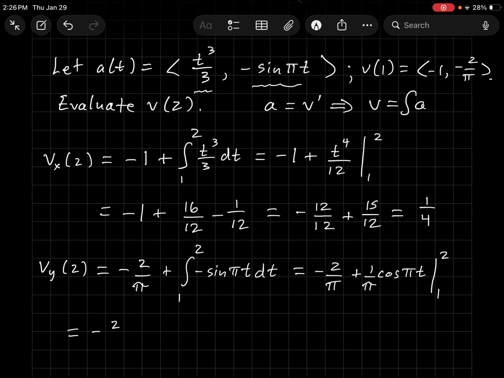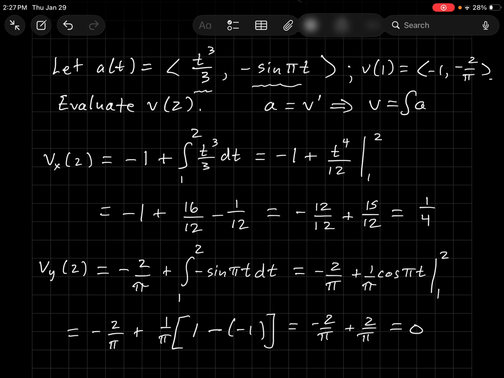This gives me -2 over pi plus 1 over pi times the cosine of 2 pi, 1, minus the cosine of 1 pi, -1, which is -2 over pi plus 2 over pi, which equals 0.